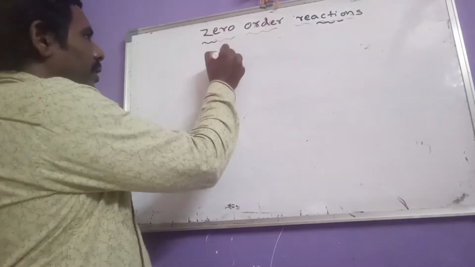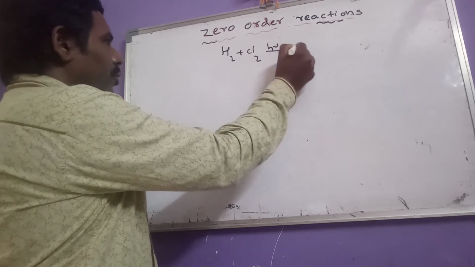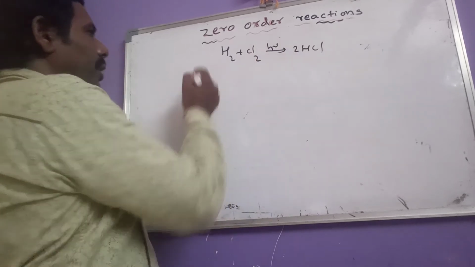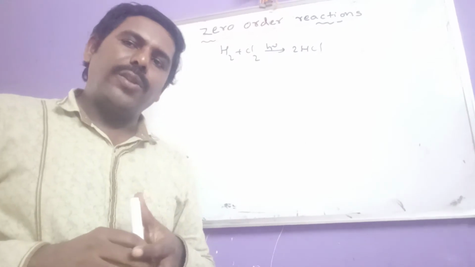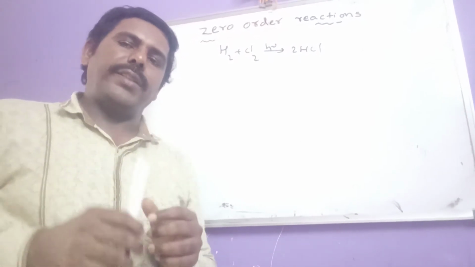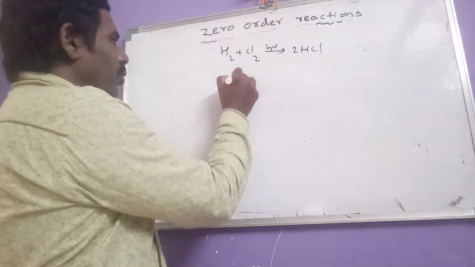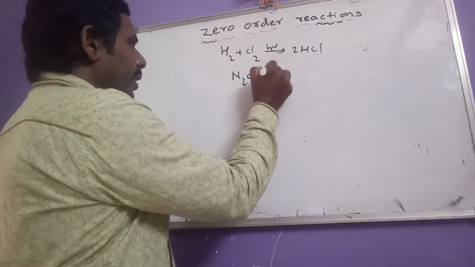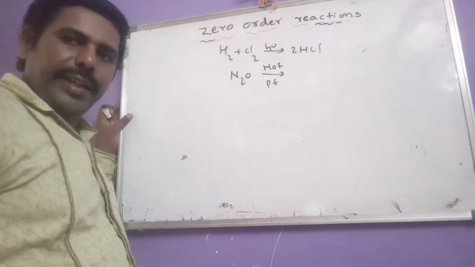Another one is the decomposition of N2O on a hot platinum surface. This is another example.